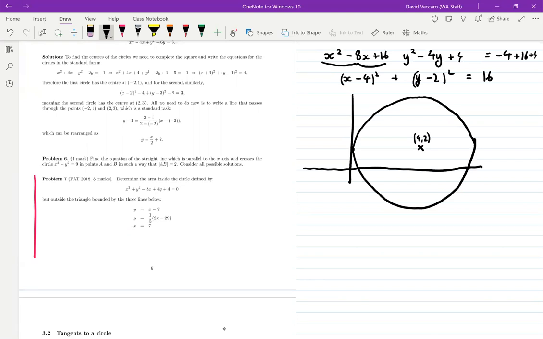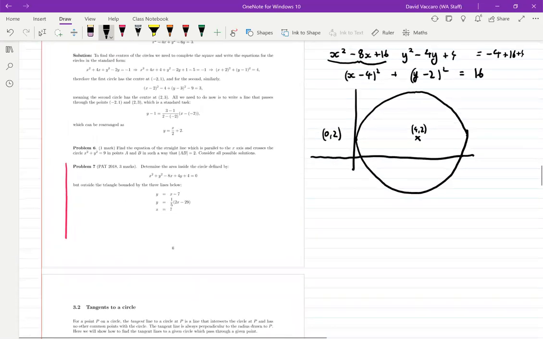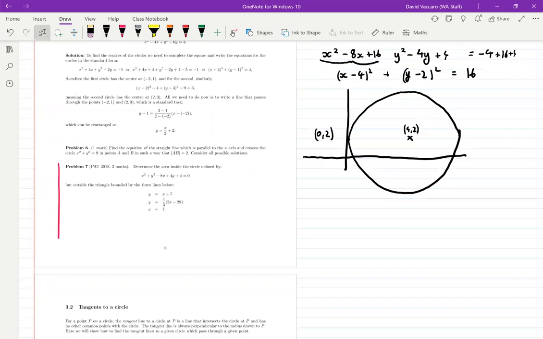Okay, so this is my circle, and notice that it goes through the point 0, 2. Oh, wait a minute. Sorry, this is plus 4. So sorry, the center of the circle is 4, negative 2.